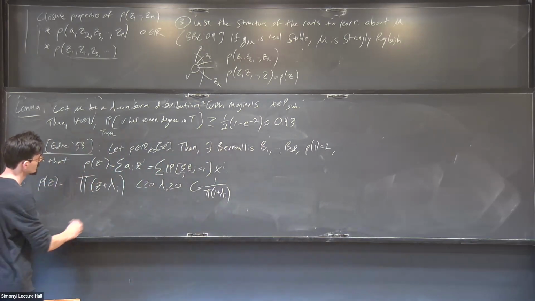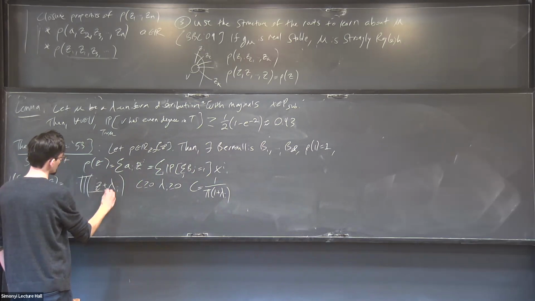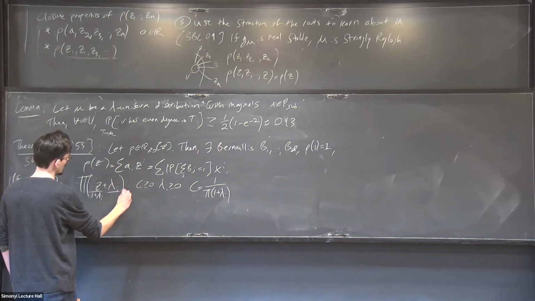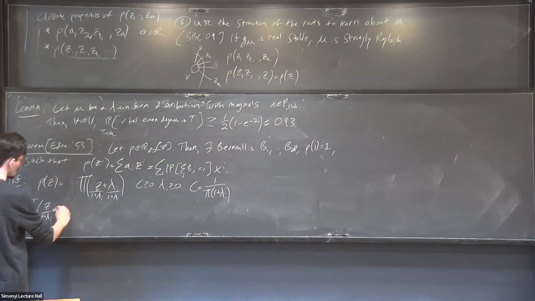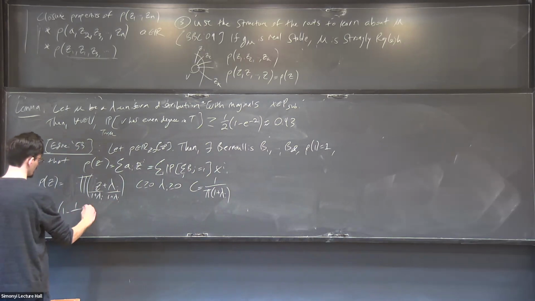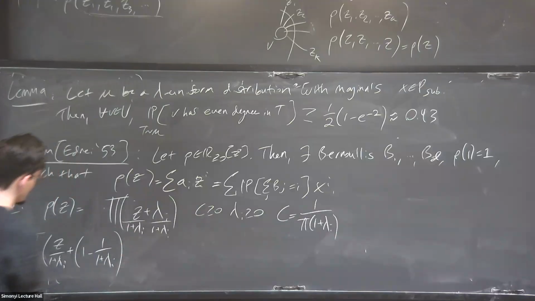So I can rewrite this as Z over 1 plus lambda I plus lambda I over 1 plus lambda I. And you might already kind of see where this is going. Let me rewrite it one more time. This is also equal to the product of these terms.